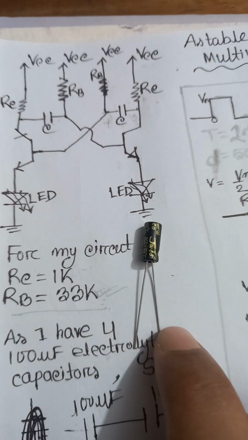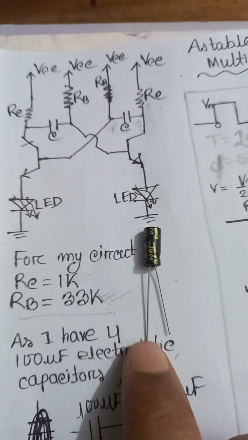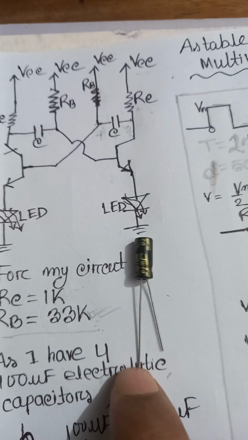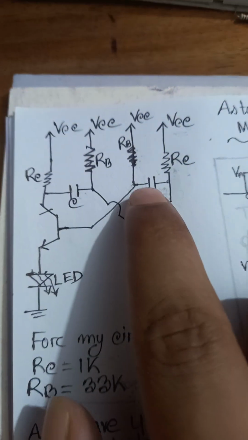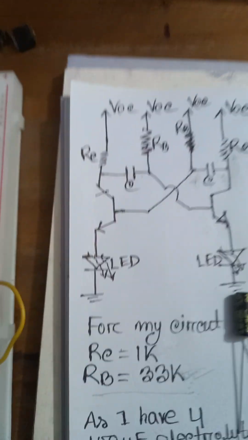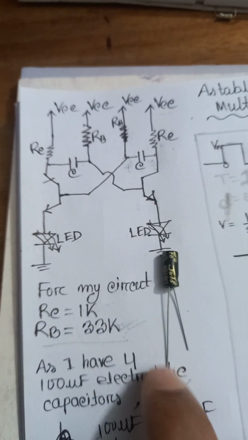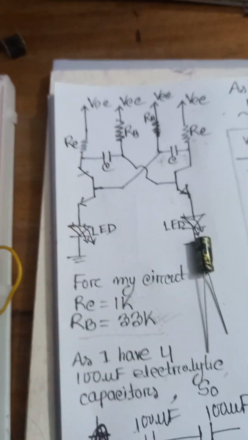One leg is taller and another leg is shorter. So you have to always apply a positive voltage to the positive terminal. But here sometimes this point is positive and sometimes this point is positive, so it's not possible to always apply positive voltage to the taller terminal. So what can we do?